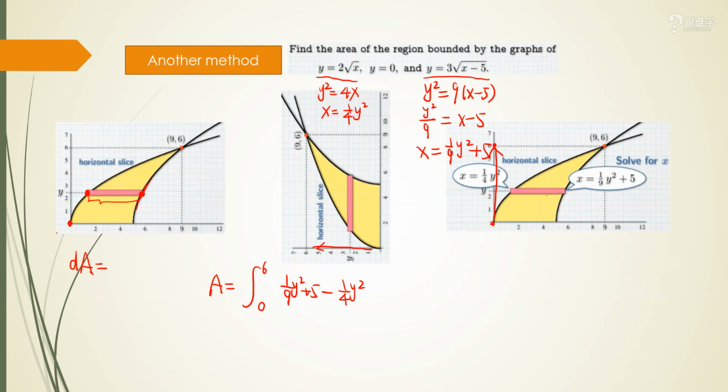That is going to be the length of the horizontal slice, all times dy. Okay, this is the area differential now, to be integrated over the interval between 0 and 6.